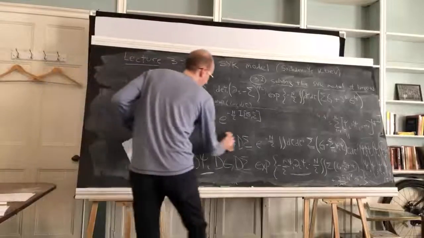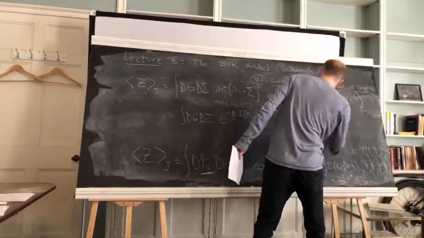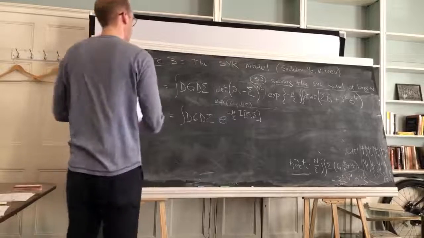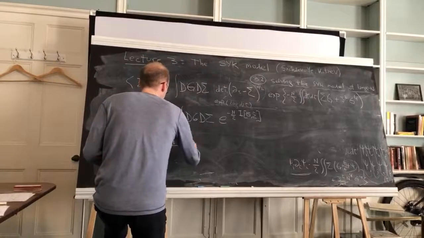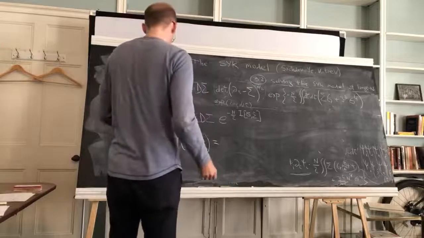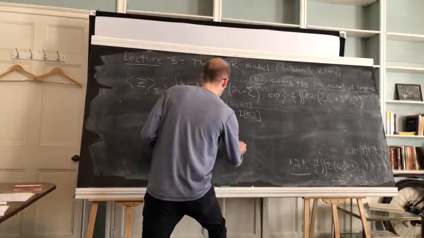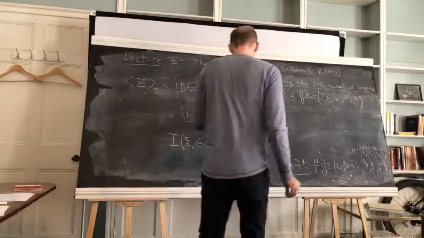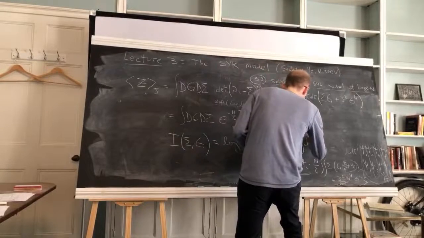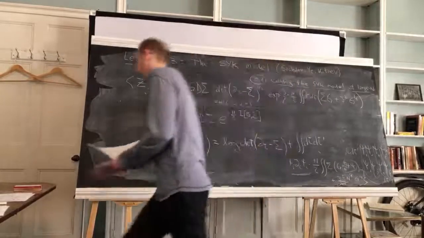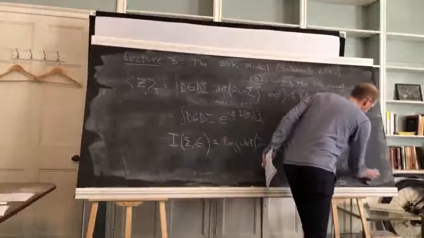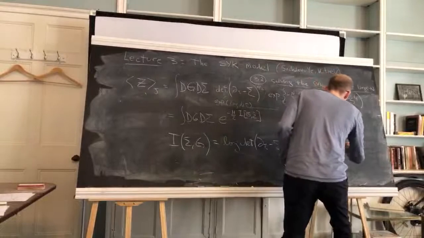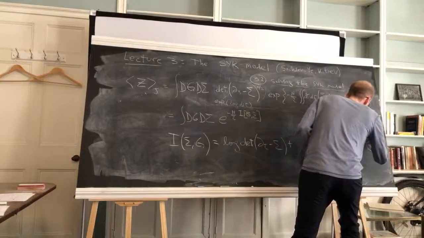And this action will be the log of the determinant of dt minus sigma plus the double integral in times sigma g plus j squared g to the 4th power.